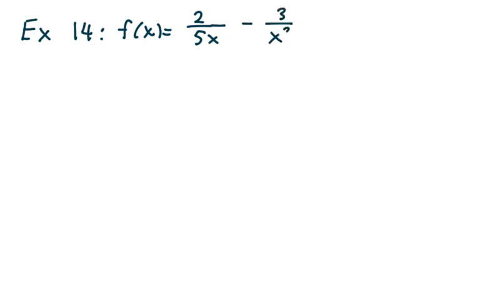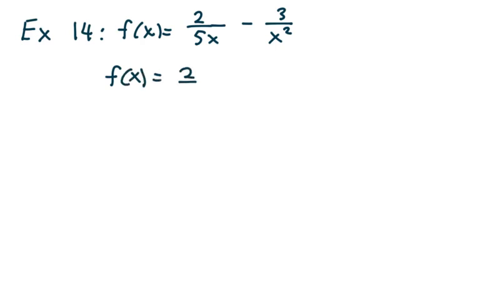So let's do a couple more. Example 14. Suppose I give you something like this. F of x is 2 over 5x minus 3 over x squared. Something like that. Okay, I'm going to recommend you write it this way.